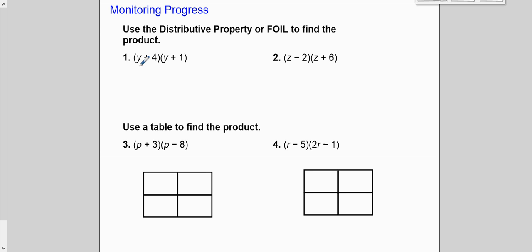All right, these are some of the monitoring progress problems. Use distributive property or FOIL to find the product. Give it a try. On your mark, get set, go.